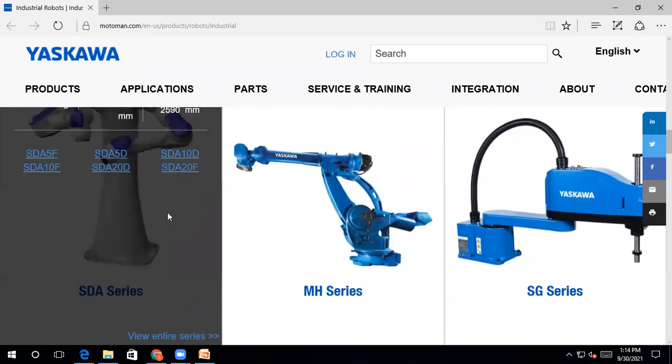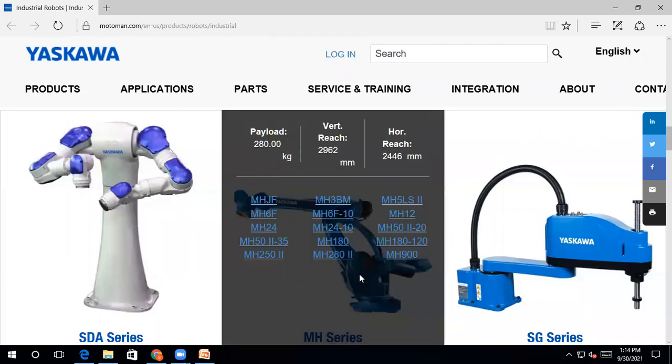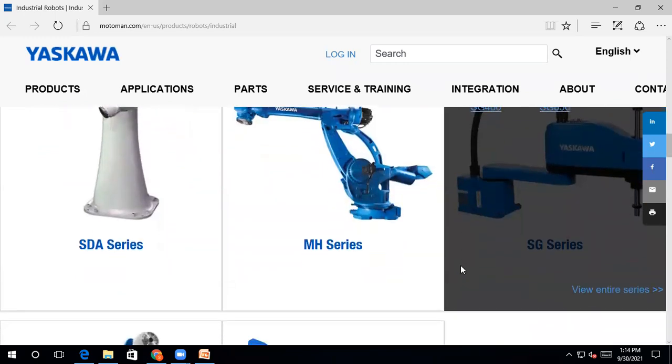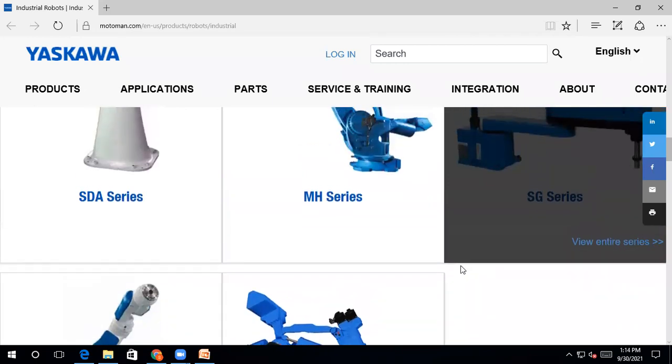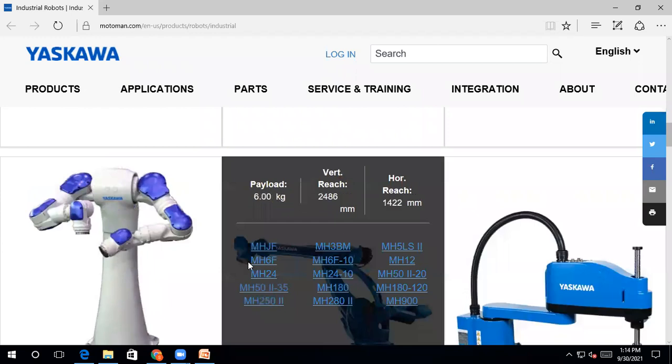SDA series: payload 5 kg, vertical reach 1118 mm, horizontal reach 845 mm. This MH series, its specifications, different types are there in MH. The first, MHJF: its payload is 2 kg, vertical reach 909 mm, horizontal reach 545 mm.